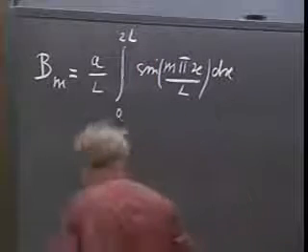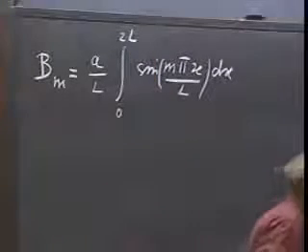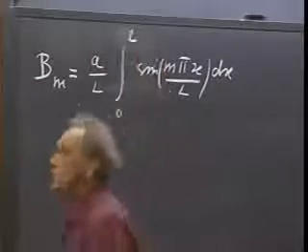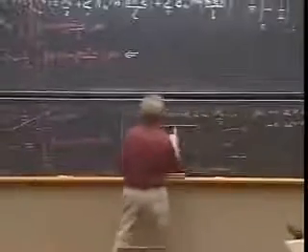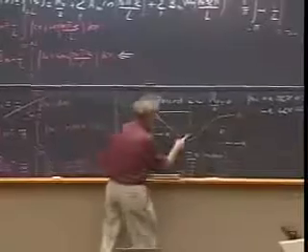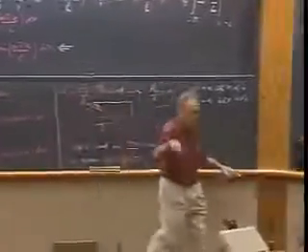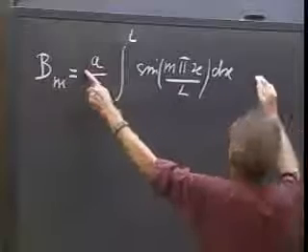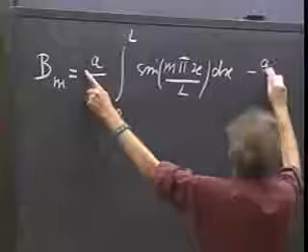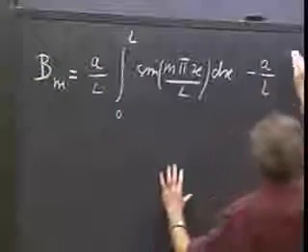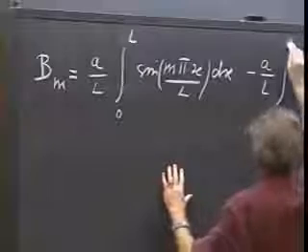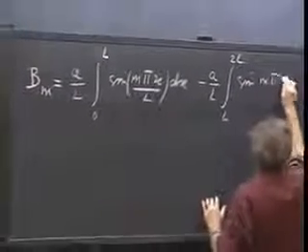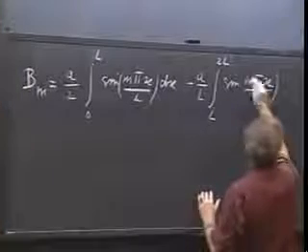That is not between 0 and 2L, you should have screamed, that is only between 0 and L. It's only between 0 and L that it is plus A, but when we integrate from L to 2L, then it becomes minus A. So the next part of the integral is minus A, so I bring the A outside, so I get minus A divided by L times the integral from L to 2L times the sine of M pi x over L dx.